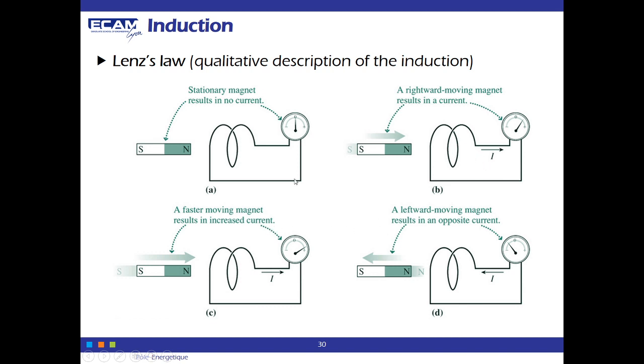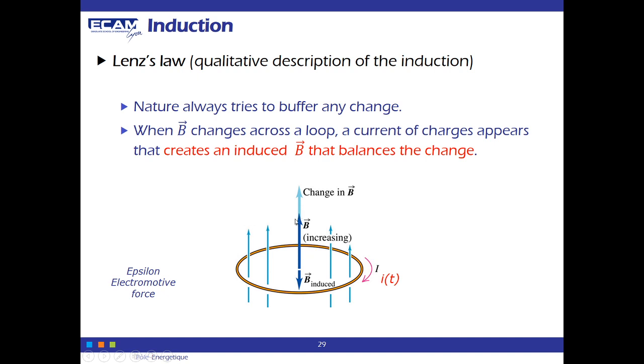And of course, the velocity will matter. And if we change the direction, there will be the opposite direction. In fact, this experiment could be used in order to understand this link between the induced magnetic field and the secondary magnetic field induced due to the induced electrical current.